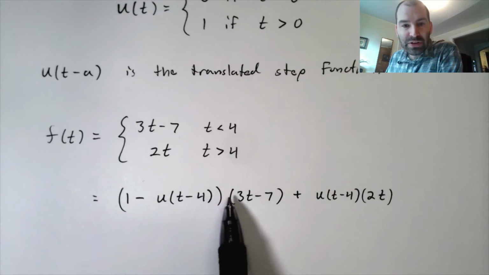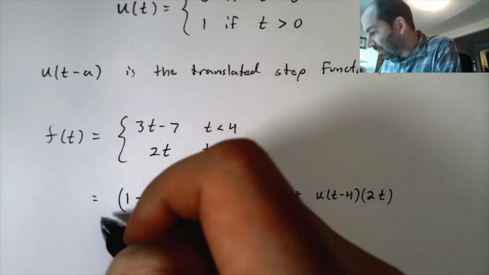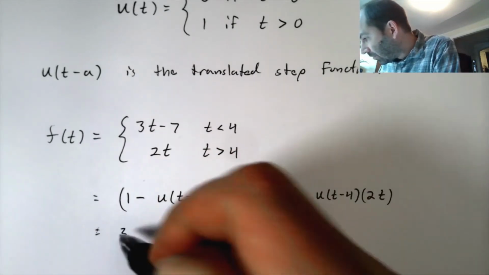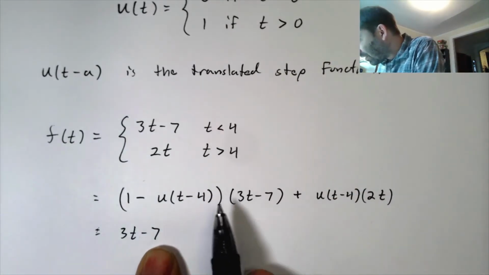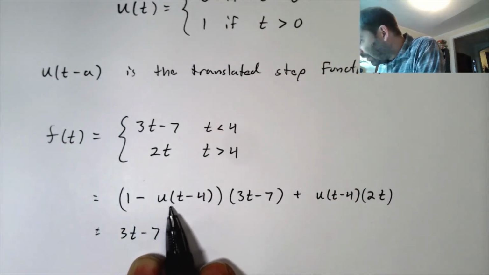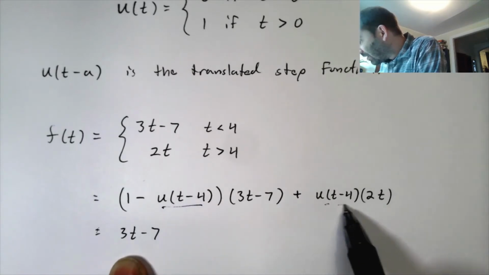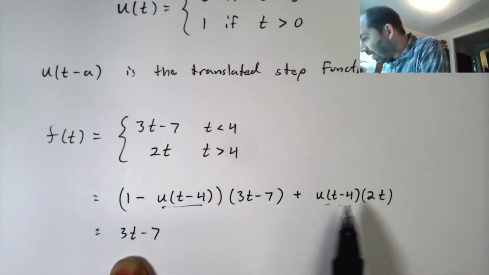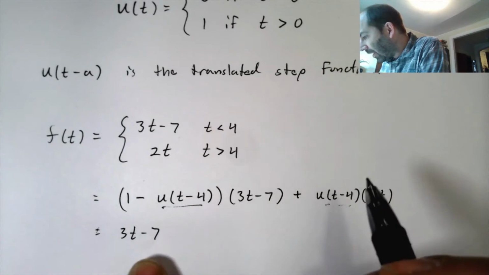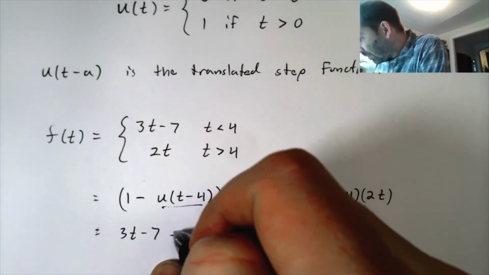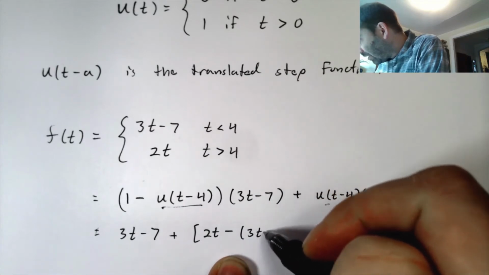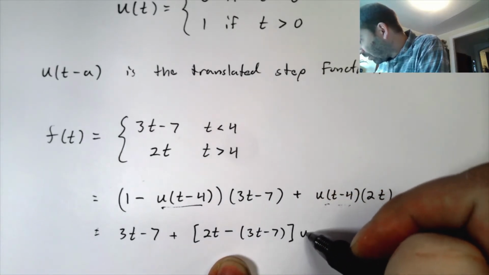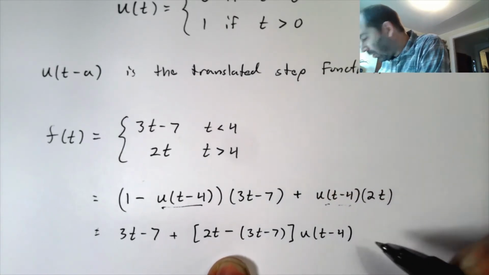All right, so let me distribute this in here. When it comes over here, I have 3t minus 7, and then I have these u(t minus 4) pieces here. I'm going to have a 2t minus the 3t minus 7 part. So I'm going to have 2t minus (3t minus 7), all multiplied by u(t minus 4).